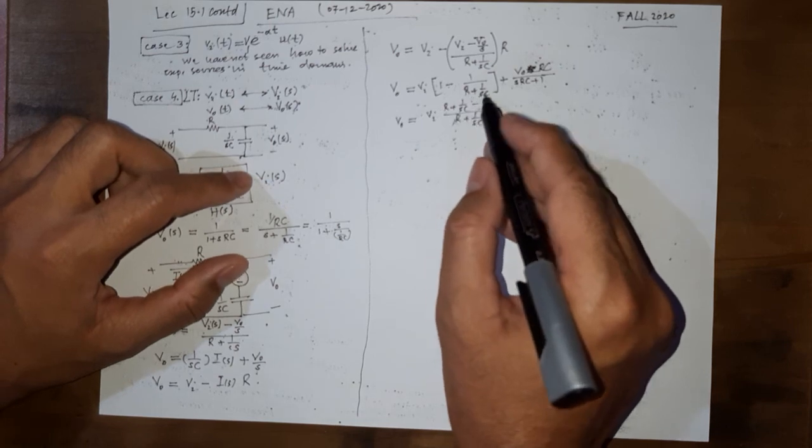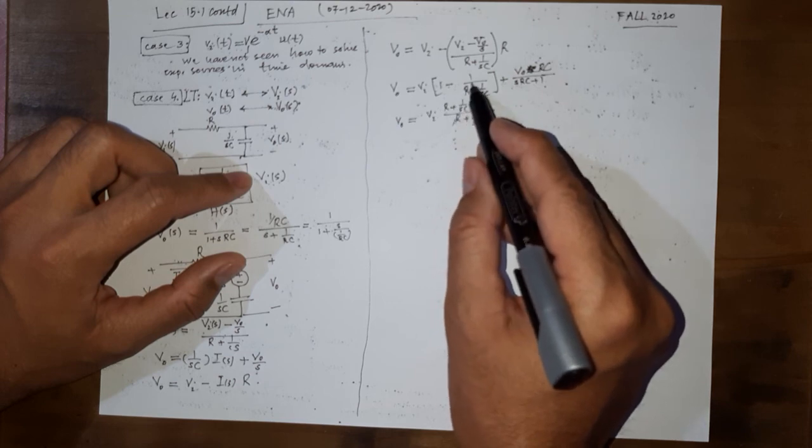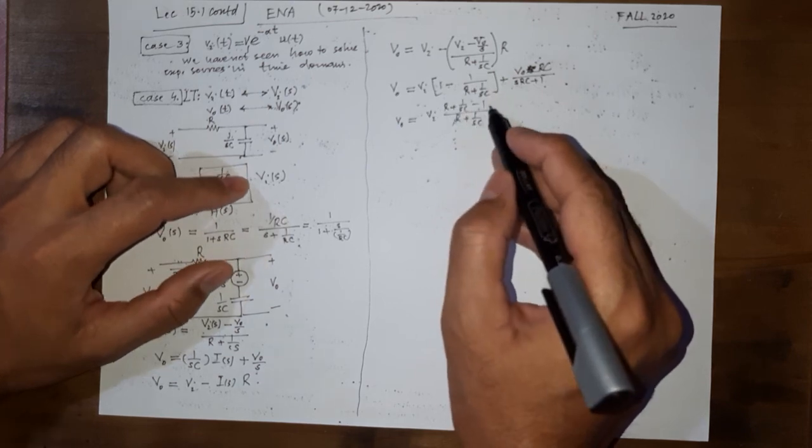I think we can simplify this thing. We can take 1 over Sc common to get SCR.